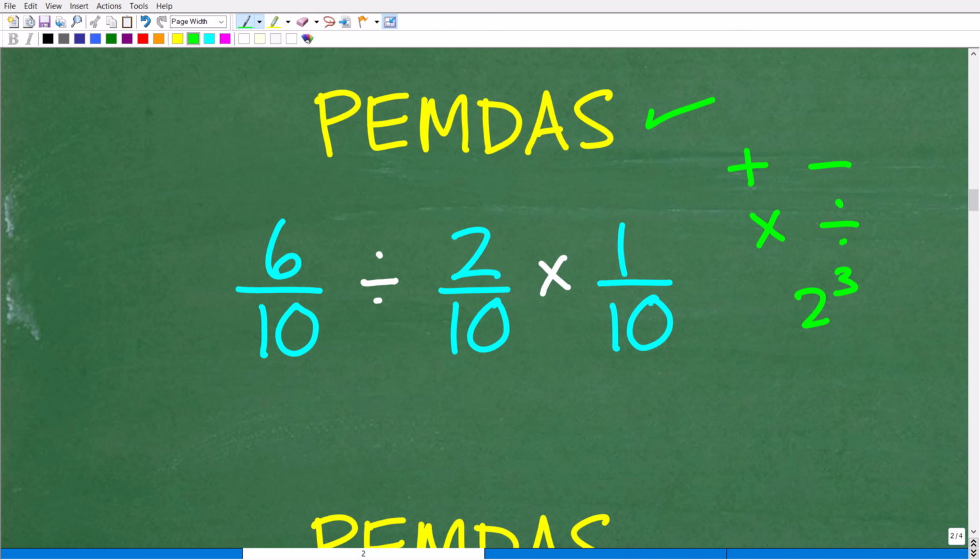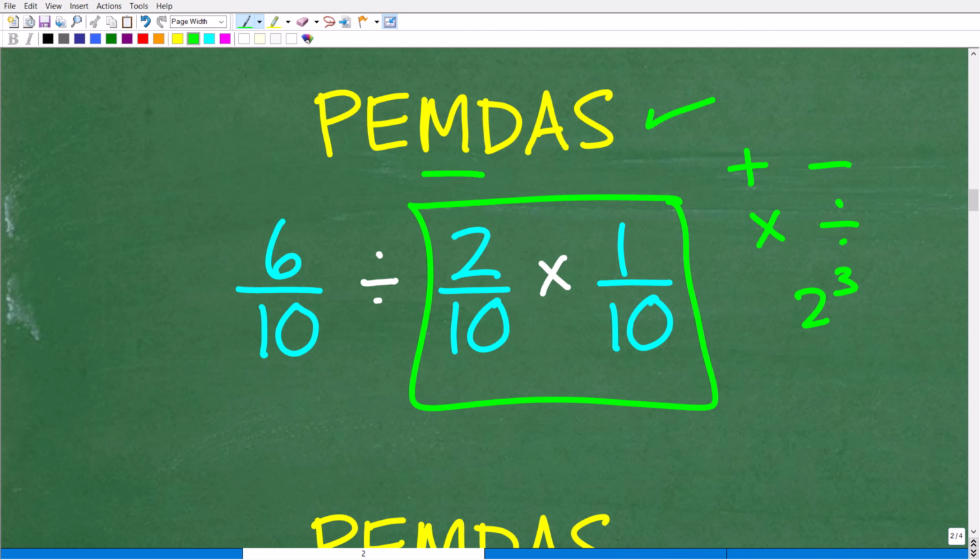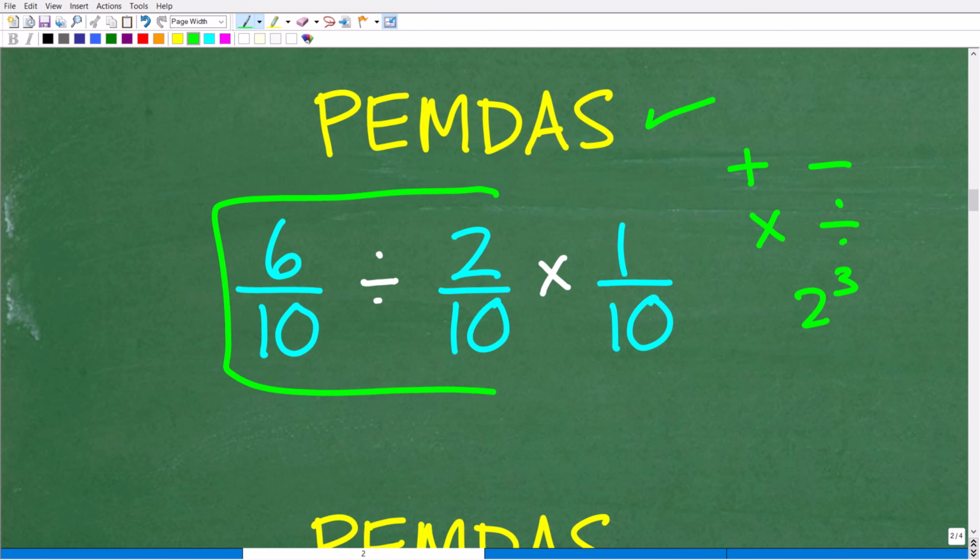So for example, if I decide to do this first, 2/10 times 1/10, take that answer and then have 6/10 divided by that result right there, we're going to get one value, versus if I go this way, if I take this division problem, get that answer, and then multiply it by 1/10. So you'll get two values here.